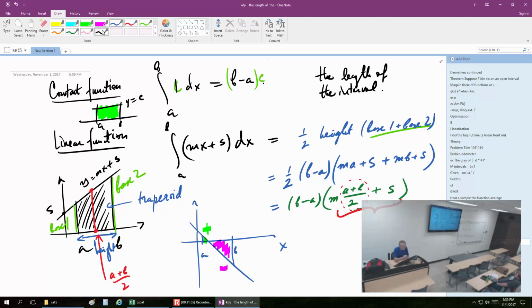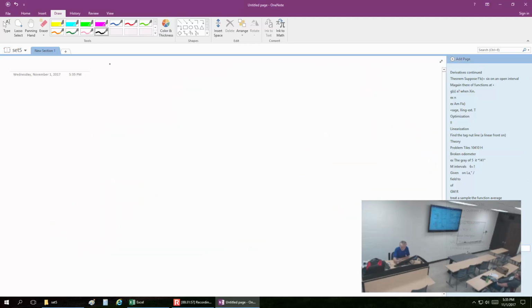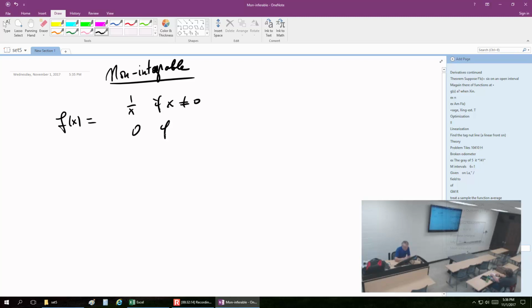One more thing worth mentioning is the non-integrable functions. Once again, this one is easy. Say it is equal to 1 over x if x is not equal to 0, and it is 0 if x is equal to 0.